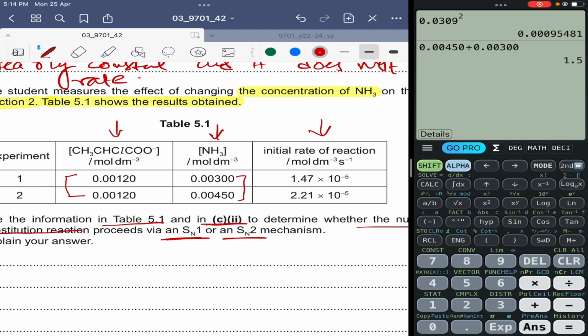So let's see what is the change in the rate of reaction. This is 2.21 into 10 raised to power minus 5, divided by 1.47 into 10 power minus 5.